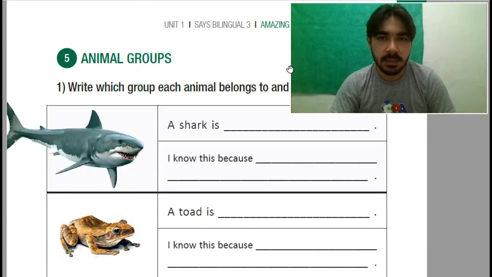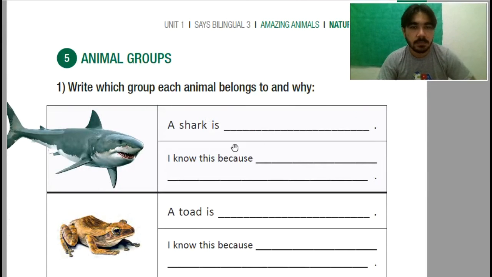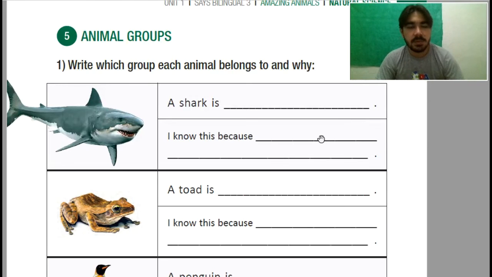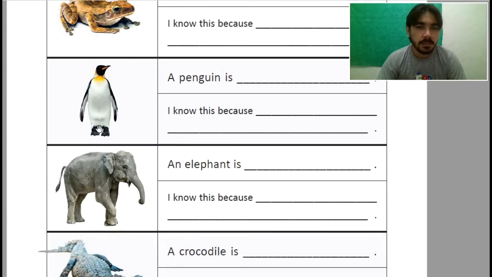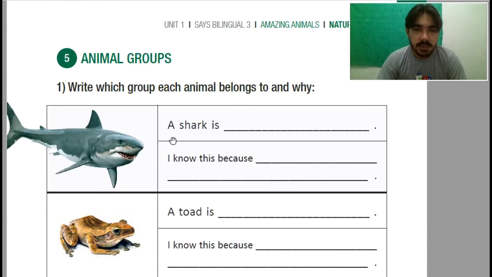Outra atividade, tá bom? Então, quando vocês não fazem, vai acumulando, ok, meninos? Number 1. Write which group each animal belongs to and why. Então, aqui envolve uma certa pesquisa de vocês. Vocês têm aqui o animal ao lado. E aqui vocês têm o nome dele.